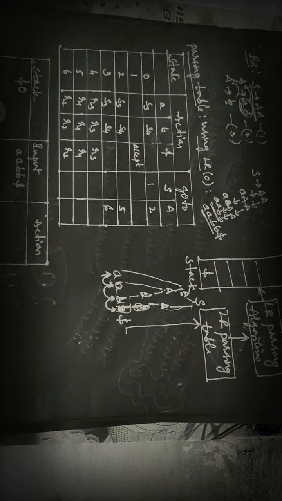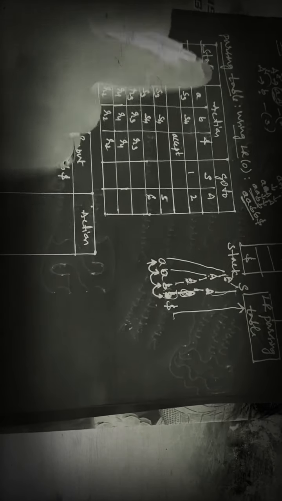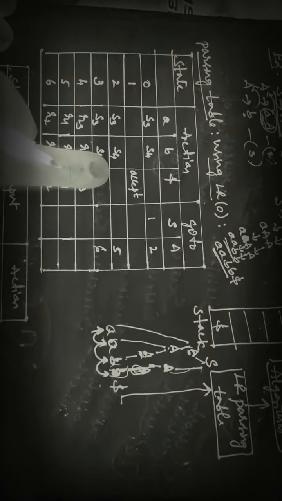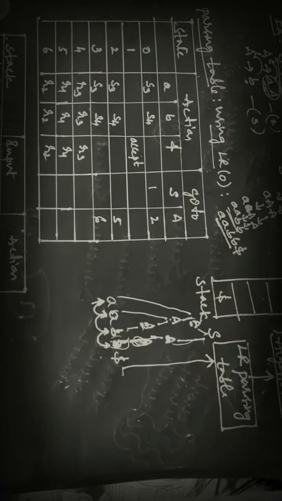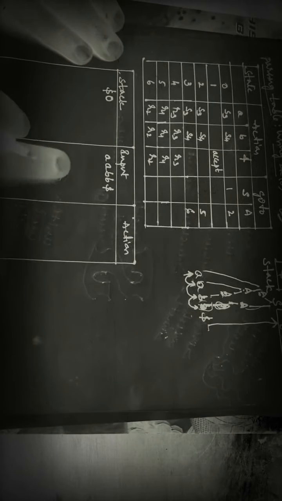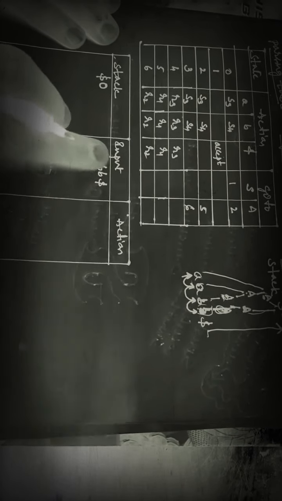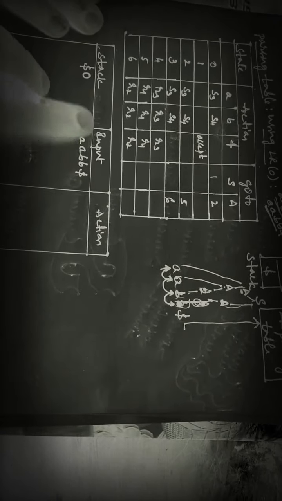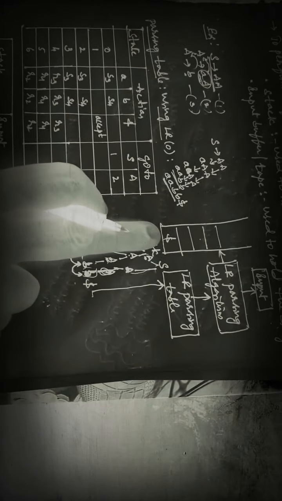So here I have considered the LR0 parsing table in order to do the shift and reduce operation. Now here I have considered the same string and taken it in the input tape. And you know that initially the stack should be represented by the dollar.